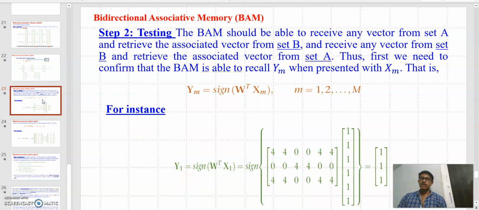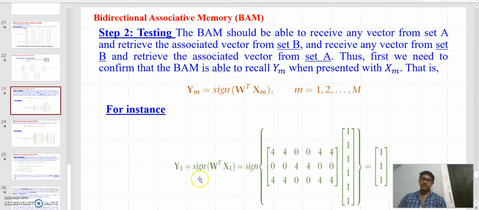Coming to step 2 in bidirectional associative memory, the BAM should be able to receive any vector from set A and retrieve the associated vector from set B, and receive any vector from set B and retrieve the associated vector from set A. Thus, first we need to confirm that the BAM is able to recall Ym when presented with Xm. That is given by the equation Ym equals sign of W^T Xm.